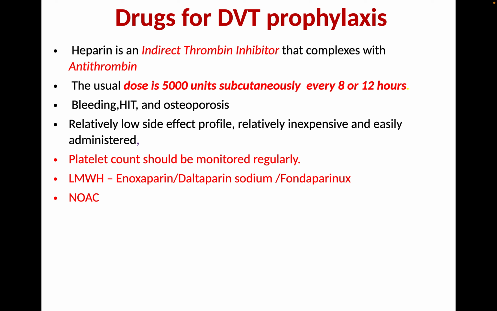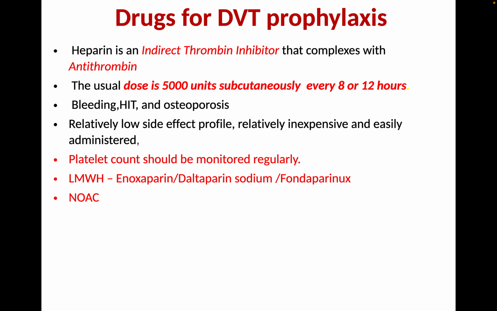So the unfractionated heparin would probably be a natural choice in a patient who is admitted to ICU and the cost is a concern. But by and large, at this point in time, I think low molecular weight heparin is definitely a preferred agent over UFH. Talking about the UFH, the platelet count should be monitored regularly.